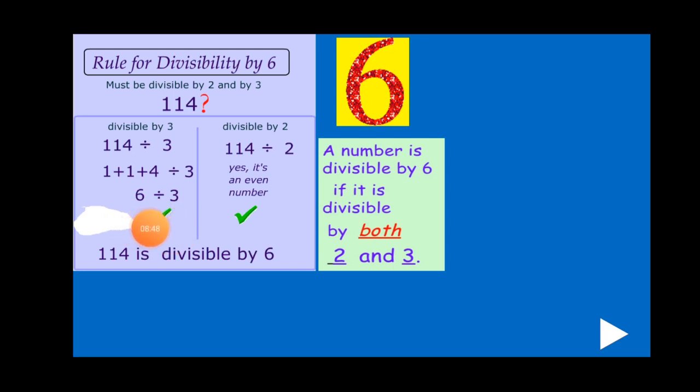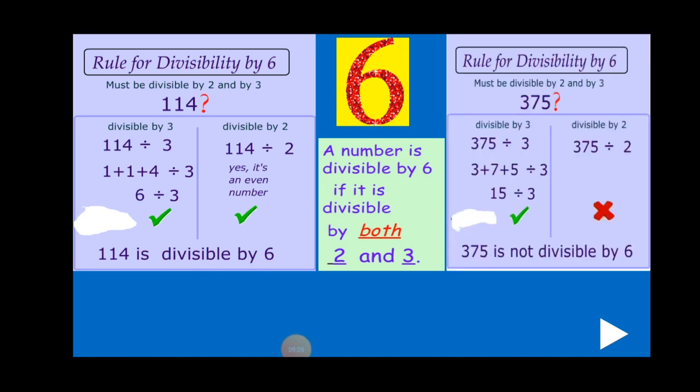So we can say that this given number 114 is also divisible by 3. So we can say that this given number is divisible by 6 as it is divisible by both 2 and 3.